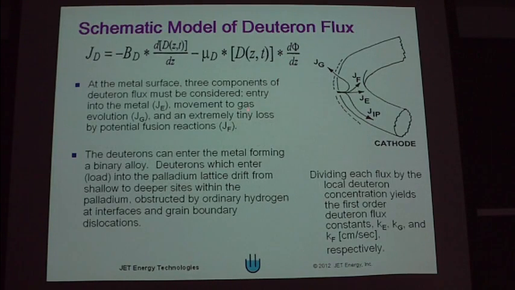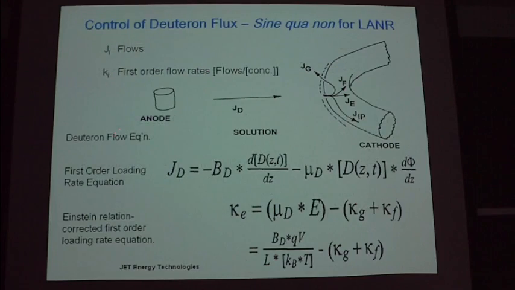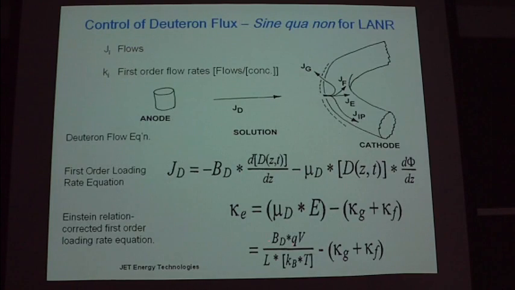We take the equation, and what we find when we do it is that we can create what's called the first order rate constant. We take these terms and divide them by the concentration. And it turns out, this is incredibly important because I believe this is, for me, the first equation in cold fusion that says how to drive these devices.